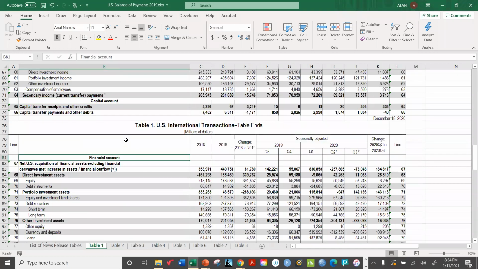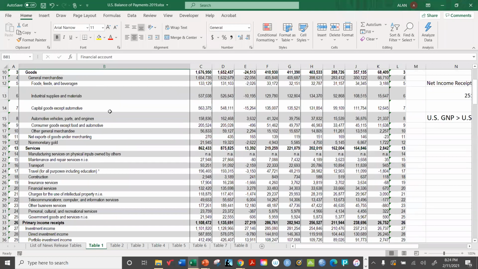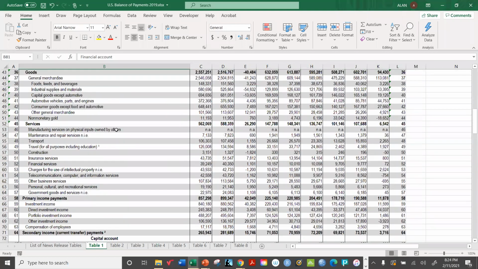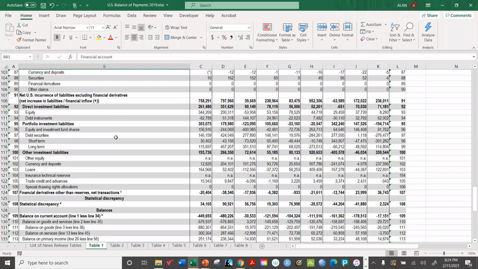And then finally the financial account, which in effect is where these deficits are being financed. And then we have the good old statistical discrepancy. And let's see, how much does that work out to be? 34,165. In terms of millions, that's $34 billion.